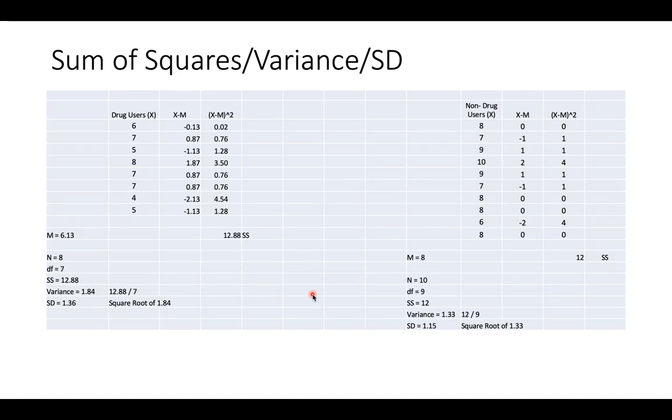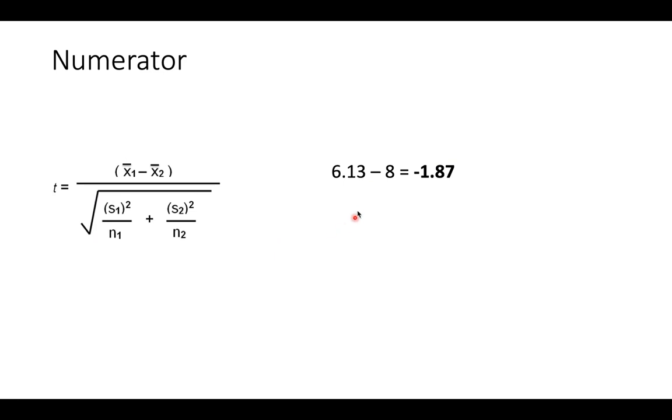Okay, so we're going to move on. We're going to pull our 3 values from each sample that we need: the mean, our N, and our variance. So we use the mean in the numerator of our t-test. Drug users scored 6.13 on average. Non-drug users scored 8.